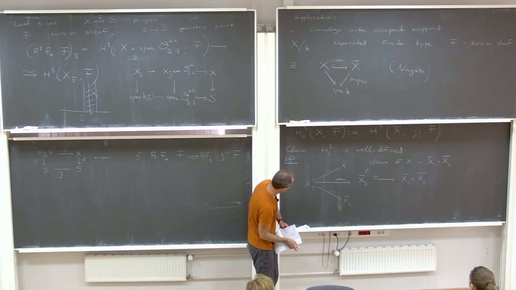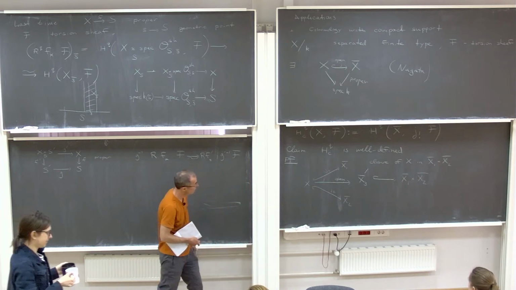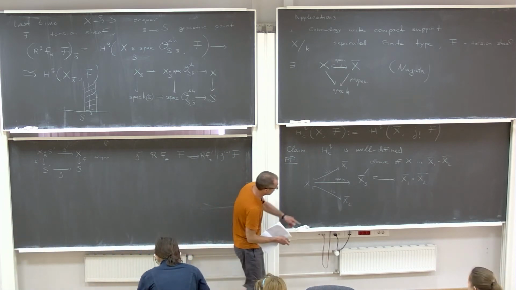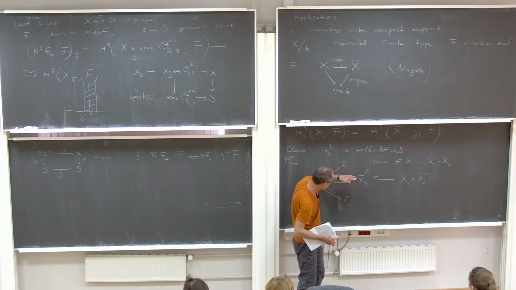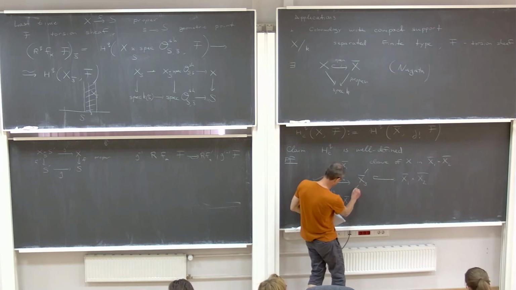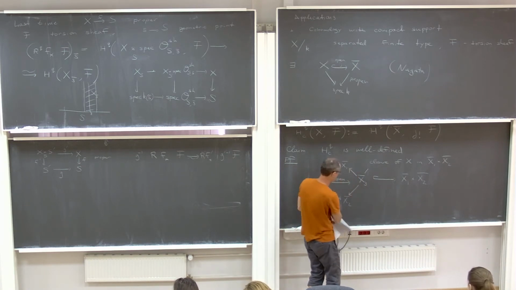So starting with two compactifications, I produced a third compactification. And because this scheme projects to X1 bar and X2 bar, I can restrict this projection, so I have this commutative diagram. This has the projection maps.